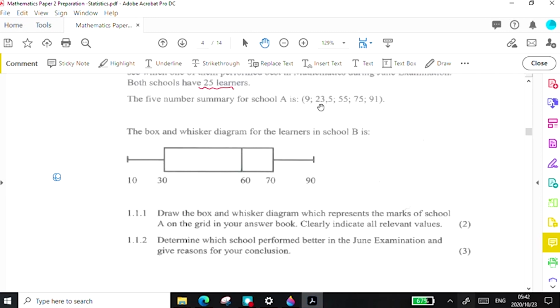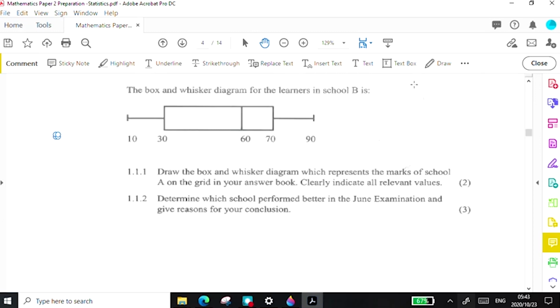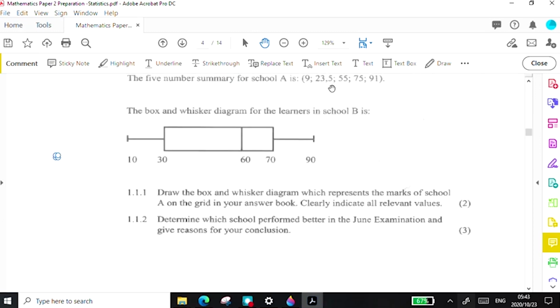The second value is your first quartile, this value is your median, and we have the third quartile. So we have Q1, Q2, and Q3.